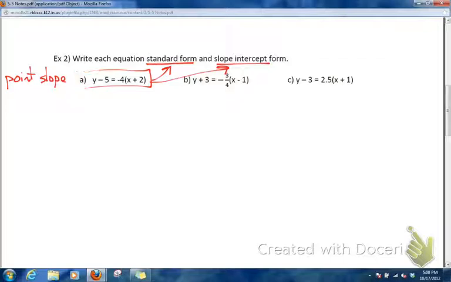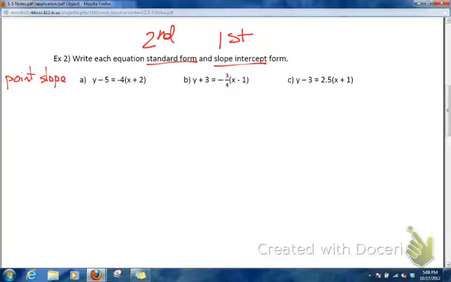Now, I'm going to give you a little hint here. The easiest way to do this, if you have an equation that's in point-slope form already, like we do in these two, is to first change it so that it's in slope-intercept form, and then secondly change it so it's in standard form.